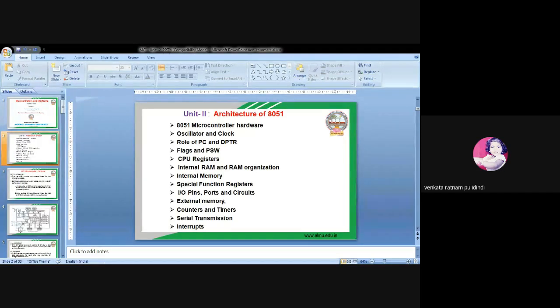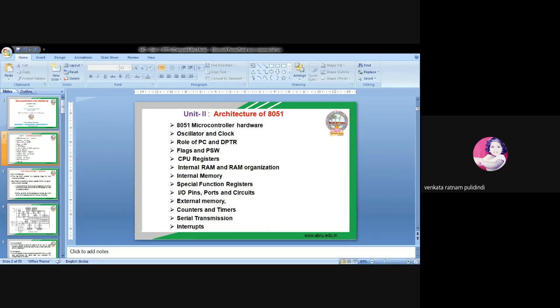Generally, the 8051 microcontroller having 64 bytes RAM, 264 bytes RAM, and 128 byte ROM. Sorry, 128 byte RAM and 264 bytes ROM. How they can be organized.